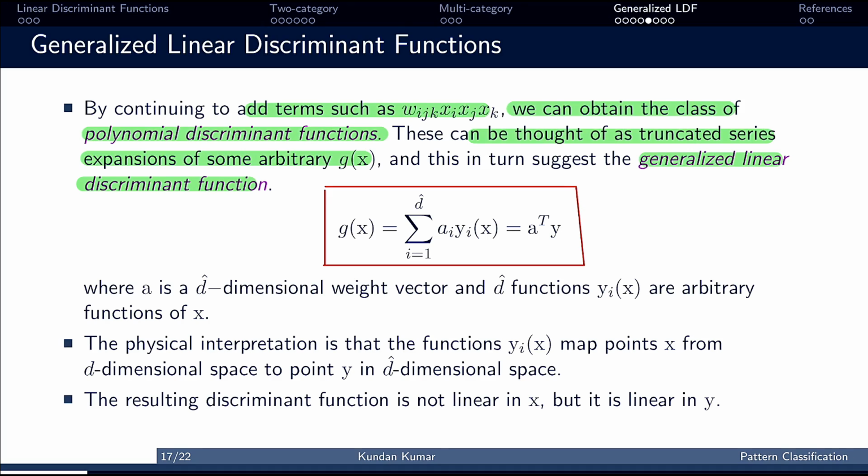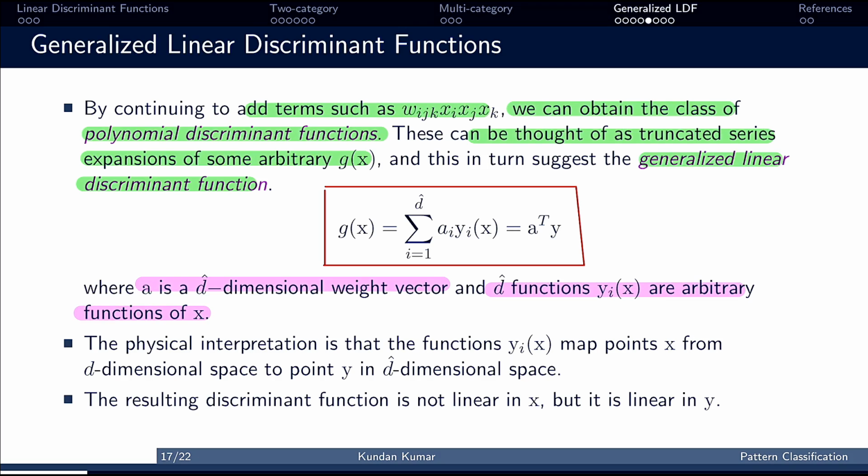Here a is the d-hat dimensional weight vector, and y_i(x) is a d-hat function of the arbitrary x.